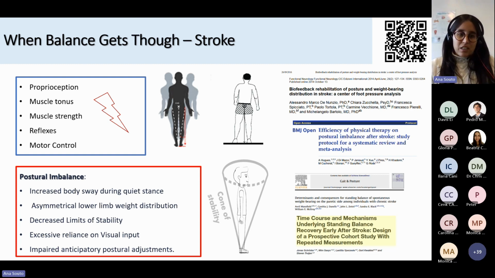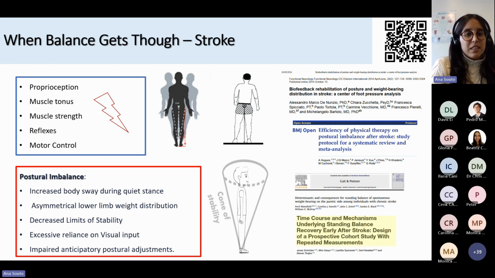Stroke patients frequently show impaired balance, mainly due to changes in proprioception. Muscle tonus can be increased, spastic, or decreased, and it's very important for motor control, the quality of movement, muscle strength, reflexes, so neuromuscular reflexes, and motor control.